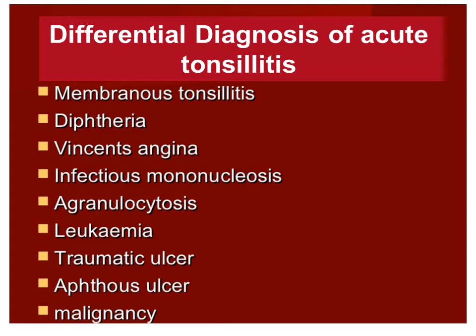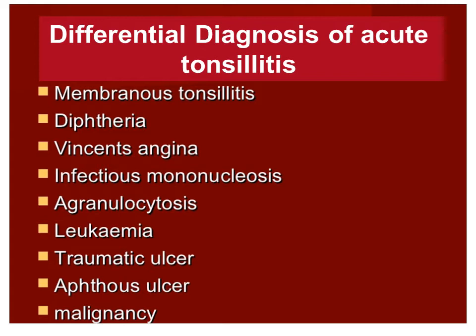These points are very important in differentiating the usual acute tonsillitis. These are the differential diagnoses of acute tonsillitis. You should know these points, so as not to be confused.